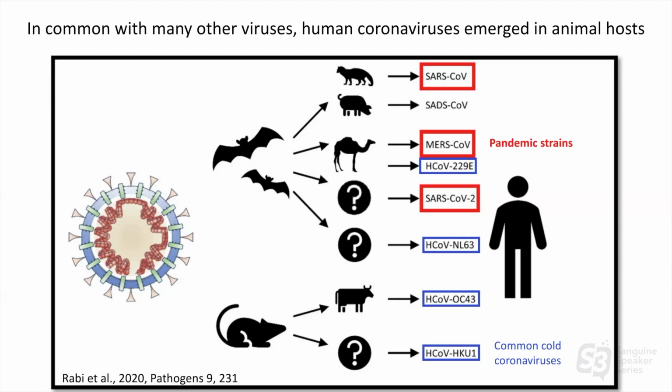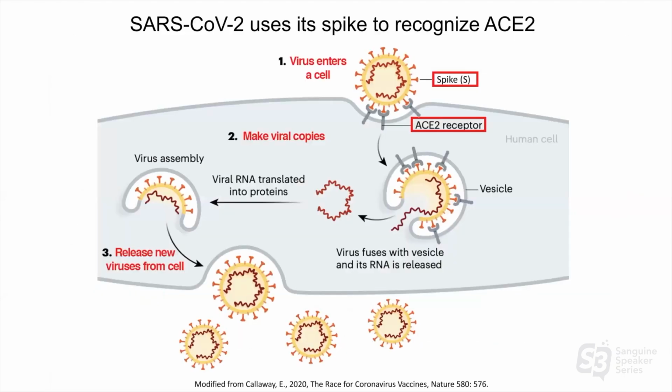Okay, so now I'm going to go into some of the biology that's necessary to understand about SARS-CoV-2, and this is in common with some of the other coronaviruses as well. So for example, the SARS-CoV-2 and also SARS, but not MERS, enters a host cell through binding to its receptor, which is ACE2.